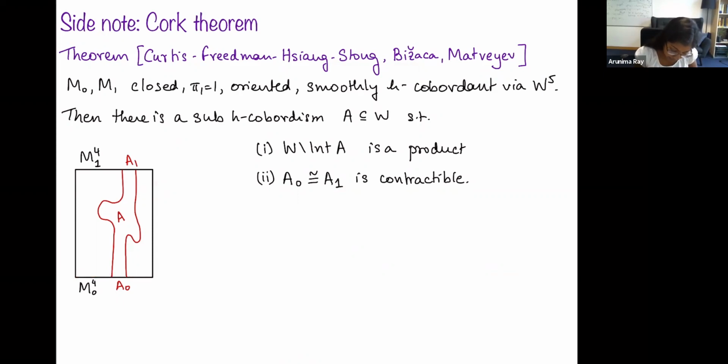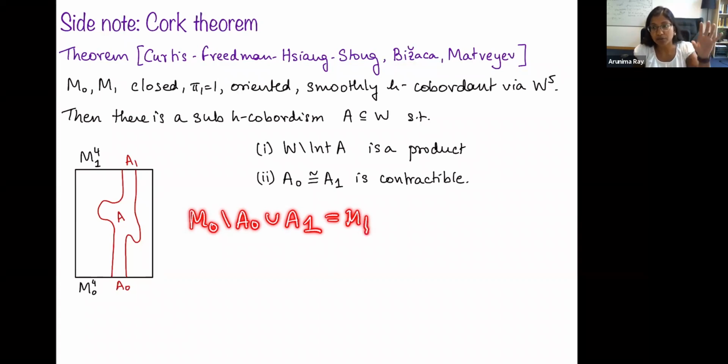I can take M0, remove A0, and add in A1, and that's precisely M1. And A0 and A1 are diffeomorphic. So I can go from M0 to M1 by removing a contractible piece and then regluing it back in some interesting way. That's precisely the Quark theorem: simply connected, closed, oriented 4 manifolds with isometric intersection forms are related by a Quark twist.